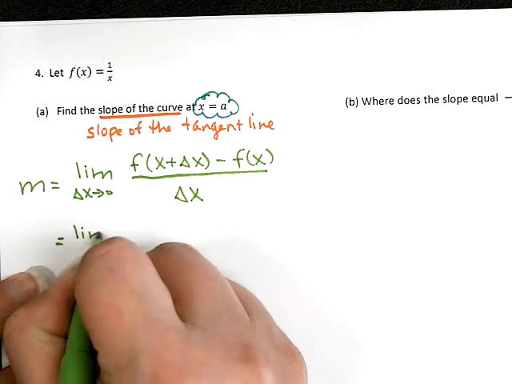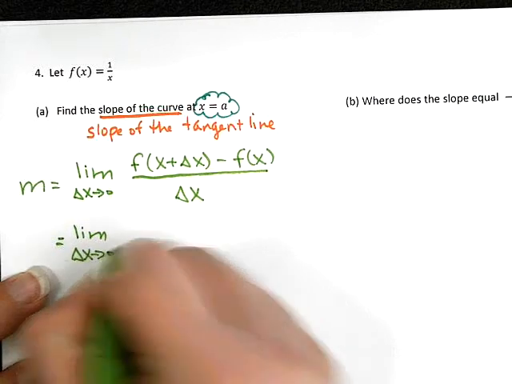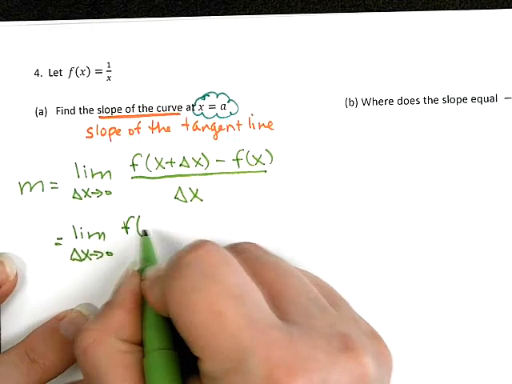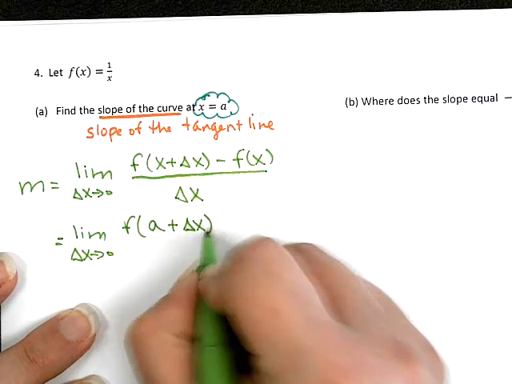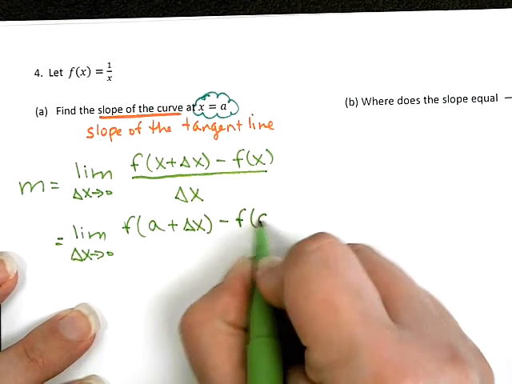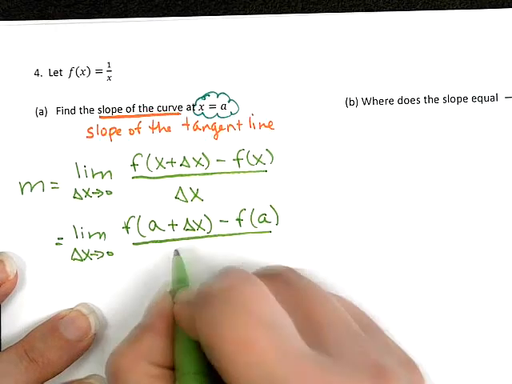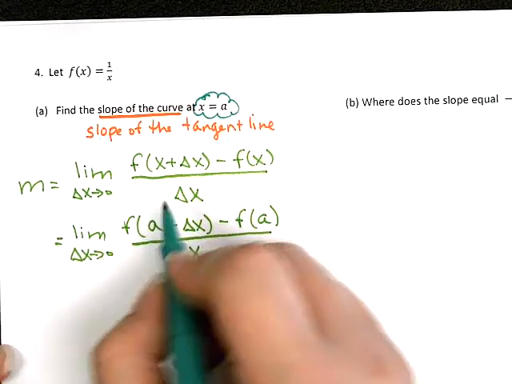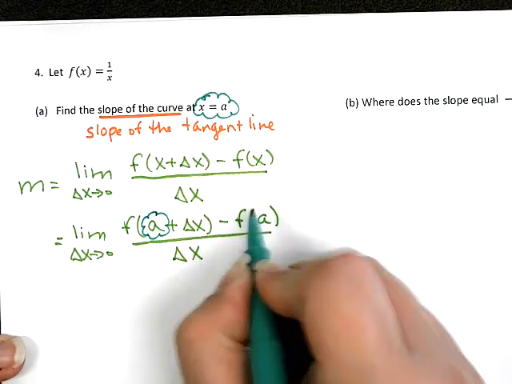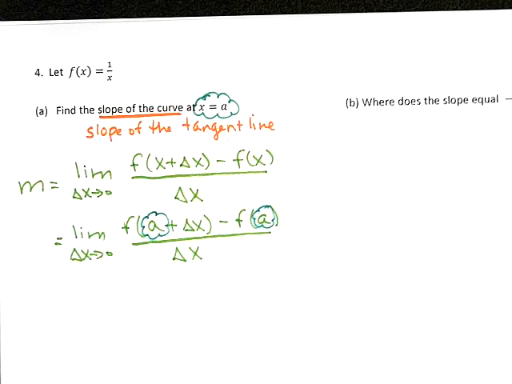It's still the limit as delta x approaches 0 of f of, instead of x, I'm going to put a plus delta x minus f of a all over delta x. Literally the only thing that changed from step 1 to step 2 was I took out the x and I put in this a. All right, if that was a number, I'd put in the number, right? In the last example that we did, we were putting in a 2 because I told you x equals 2. Well, now I'm telling you that x equals a.